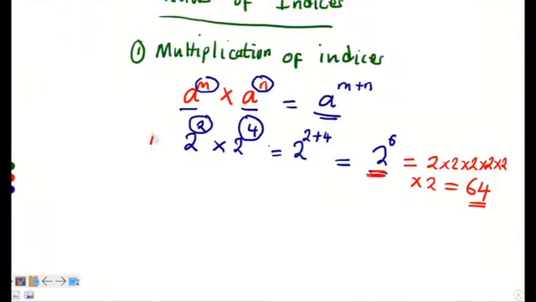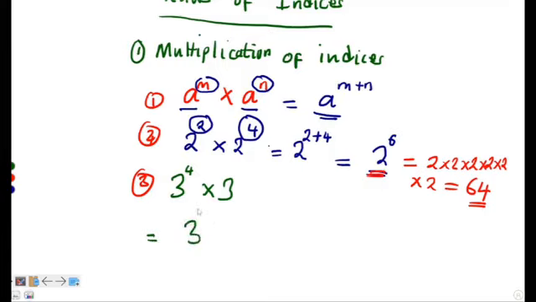Apart from these examples, you can also be given another example which can be written in this form. You can have maybe 3 to the power 4 times 3. Here the base that is common is 3. So we write 3, its power is 4, plus.